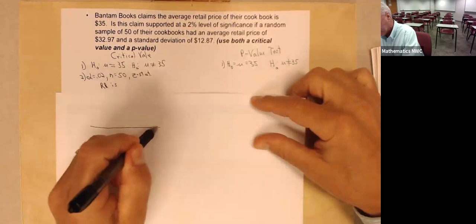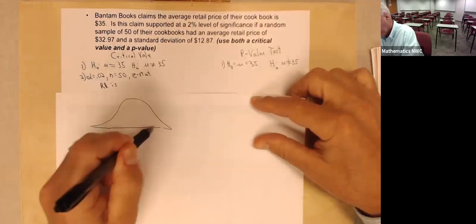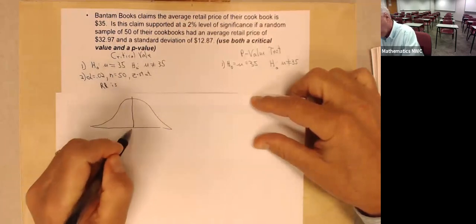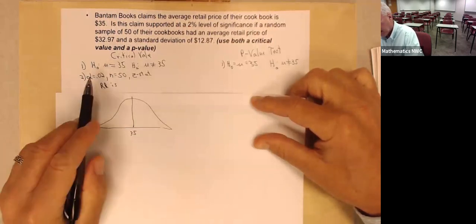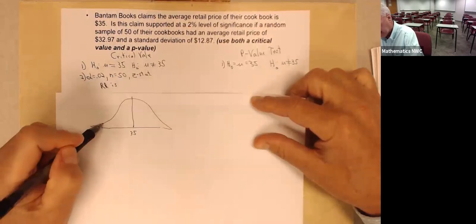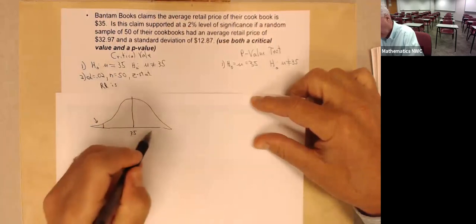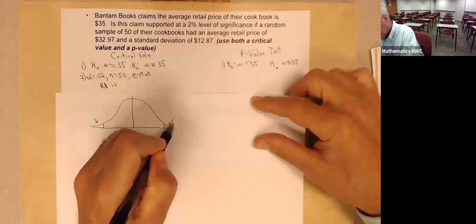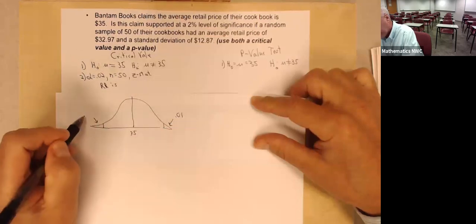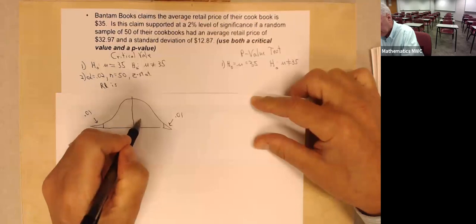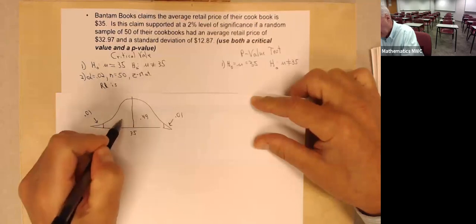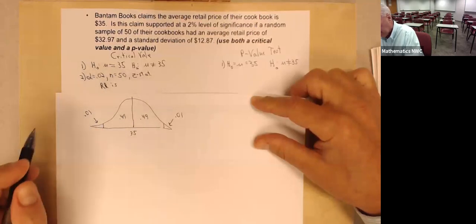I mean this, that on the normal curve, which I'm testing at 35, this 2% has to be split on both tails. So both tails have a 1%. That leaves 49% in the middle.